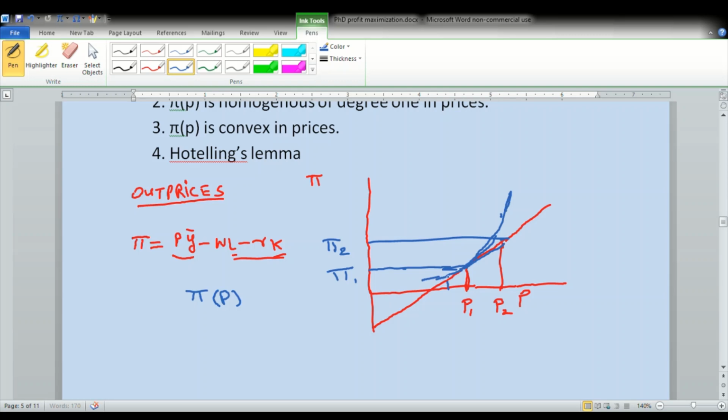This is what we are saying, that the profit function is convex. So this is the behavior of the profit function, and the red line is representing the behavior of the profit function. So you may want to write this, that this is your pi in the equation, and this is your behavior of your profit function.